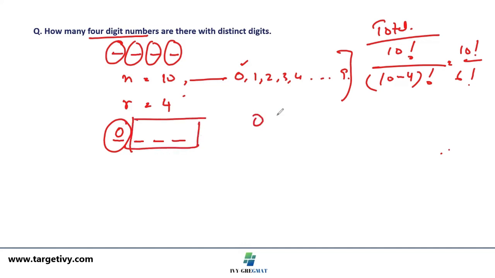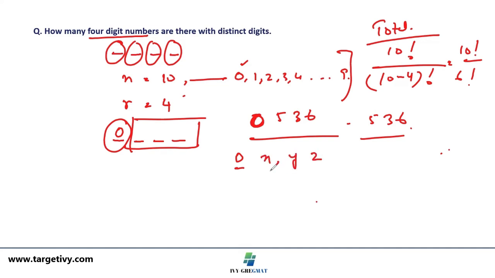So 0536 is not a 4-digit number, it's 536. So similarly, there may be combinations having 0 in the thousands place. So it may be 0 followed by x, y, and z.